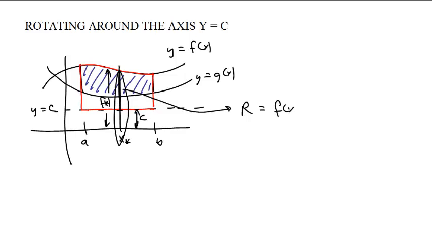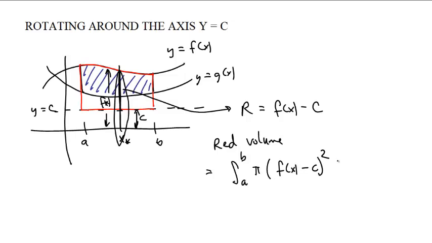So it's f of x minus c. And we add those all up from top to bottom, and so the red volume, when we rotate it, is going to be the integral from a to b of pi, not f of x, but f of x minus c squared dx.